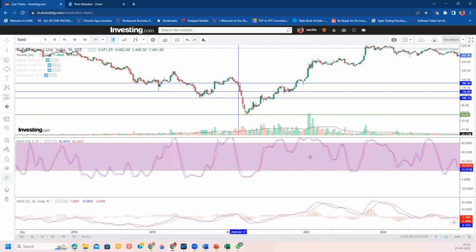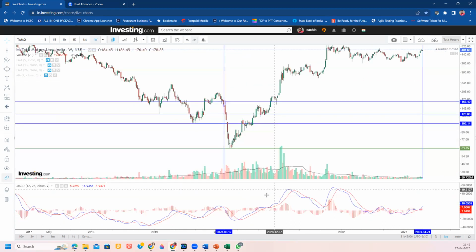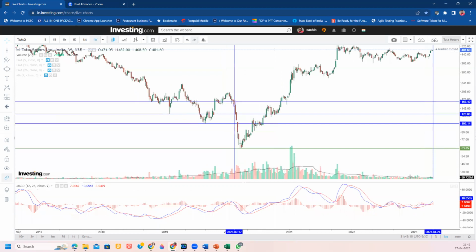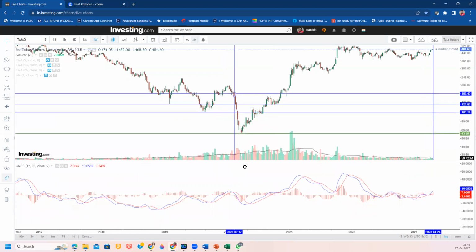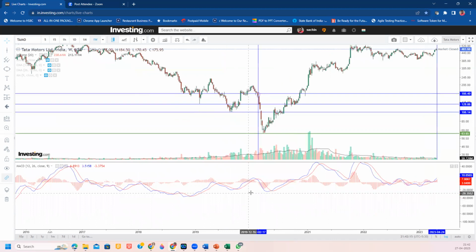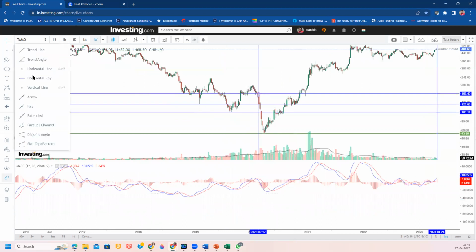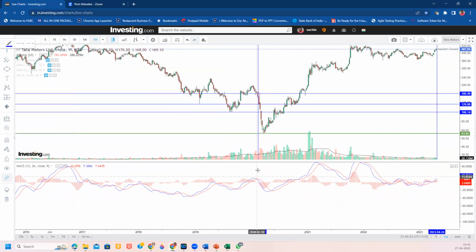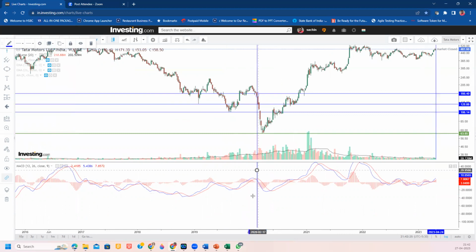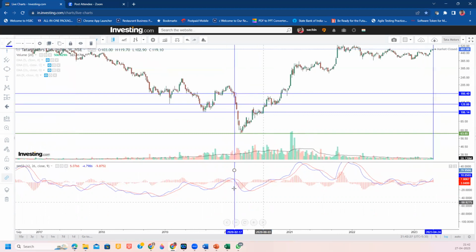So this is the weekly time frame, and based on the MACD concept that we have learned, what is the MACD saying? If you mark that particular instance in the MACD indicator, it will show something.